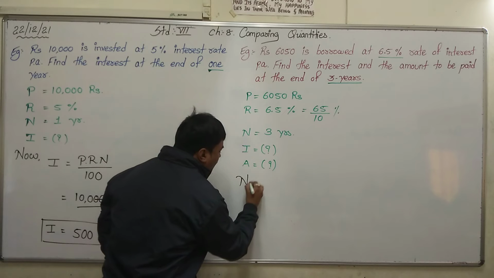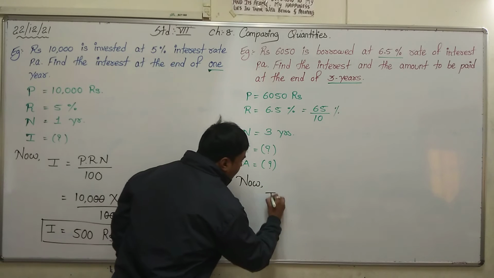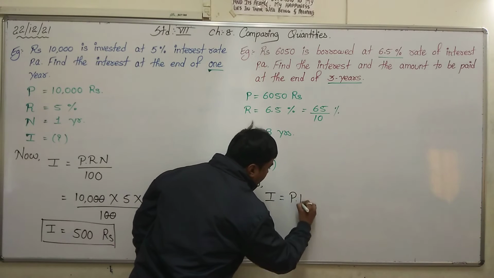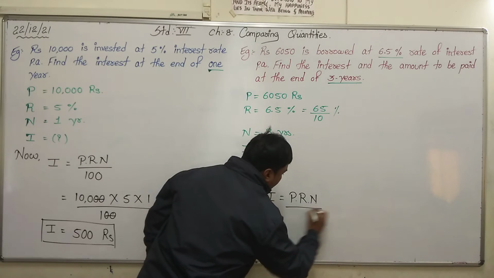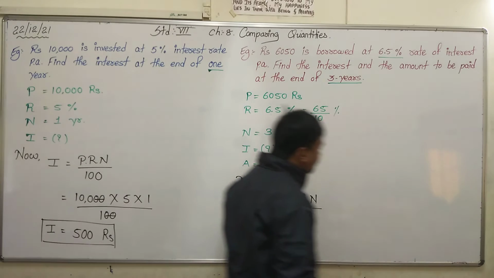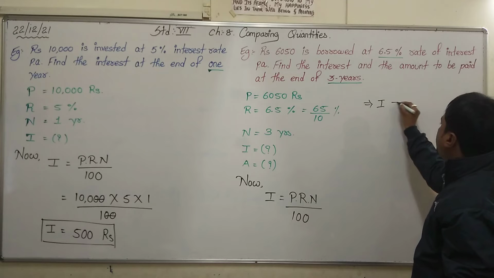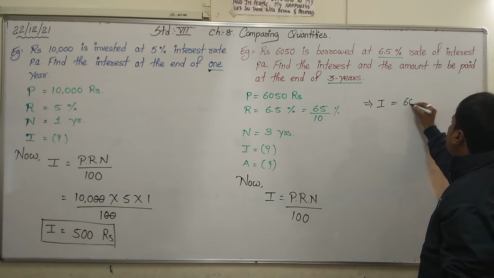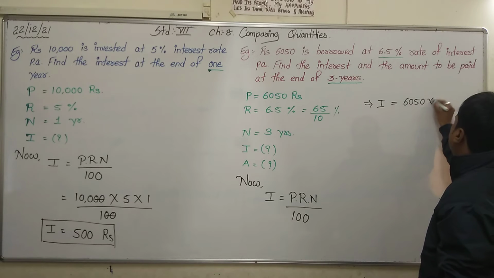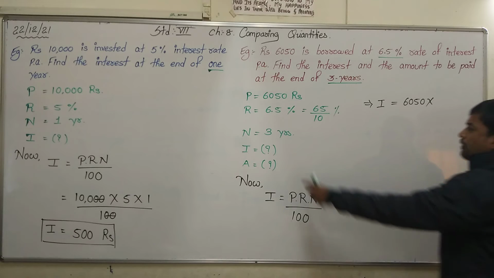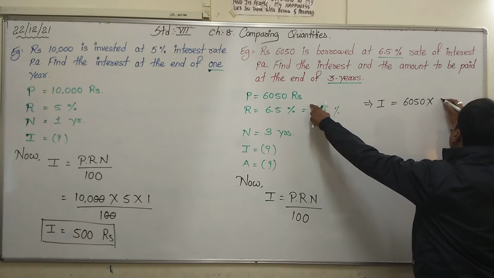So now, according to formula, I is equal to PRN upon 100. So which implies I is equal to, what is P? 6050 multiplied by, now directly we will write rate of interest as 65 upon 10.